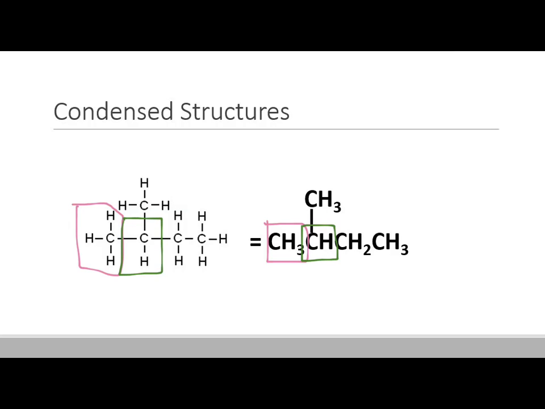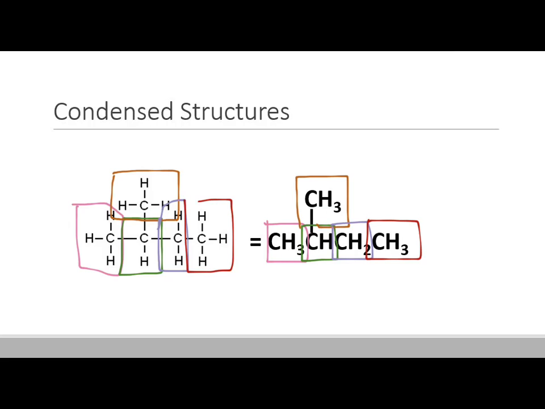That would be that guy right there. Next, attached to that, we have a CH3 group up here on the top. So you can see that one pretty clearly. Followed by a CH2 group down here off of the main carbon backbone. And then to finish it off, we have a CH3 group on the end, which would be that CH3 group. So again, you can see how it directly correlates.